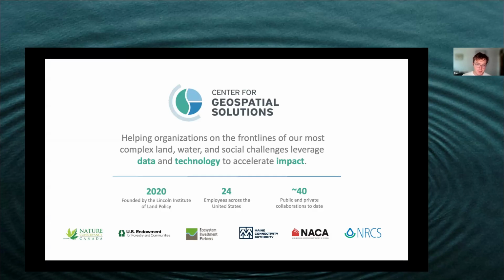The Center for Geospatial Solutions was founded in 2020 at the Lincoln Institute of Land Policy. And whether it's climate change, housing, broadband, or water conservation, decision makers are being asked to act faster and more transparently. And information is a key step beyond a community's anecdotal experience, providing the hard evidence needed to make the informed, data-backed decisions that we're talking about for the future.